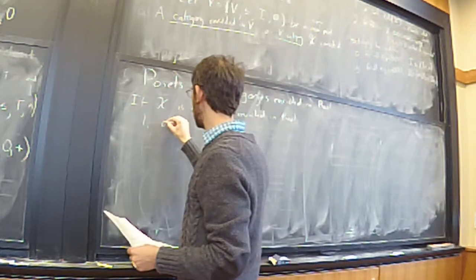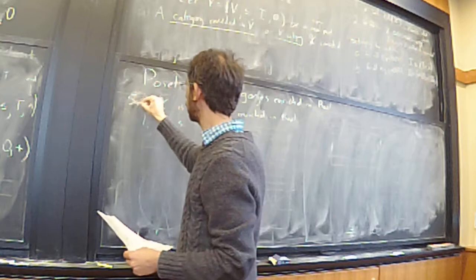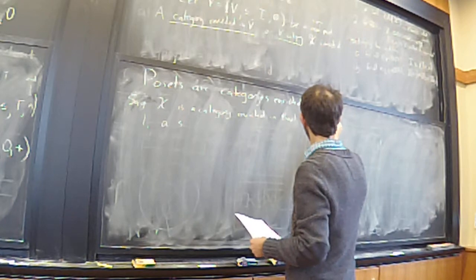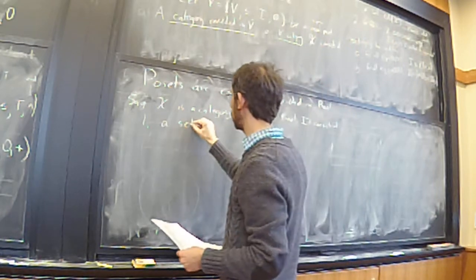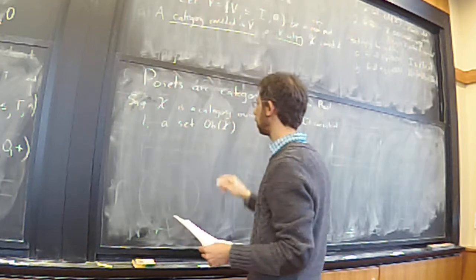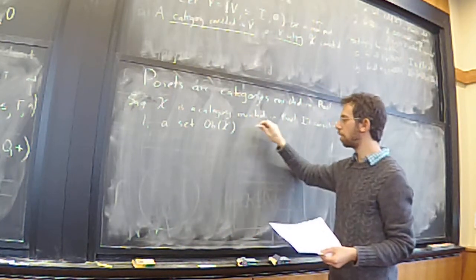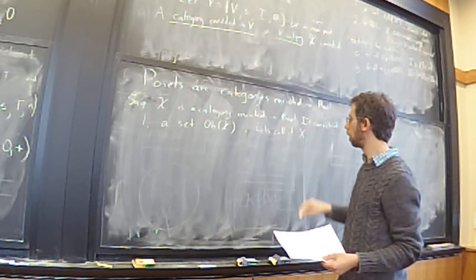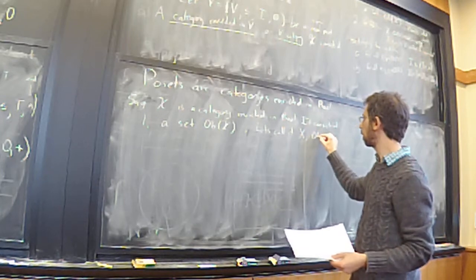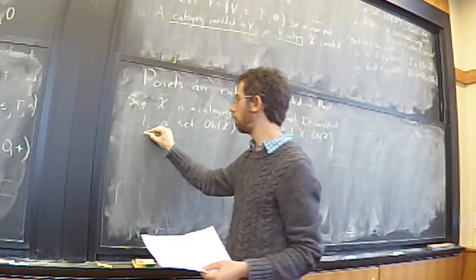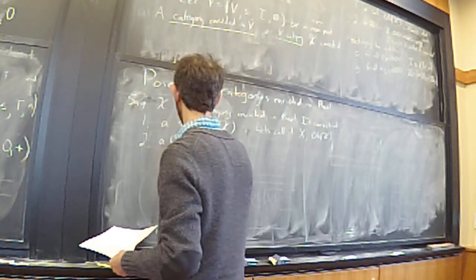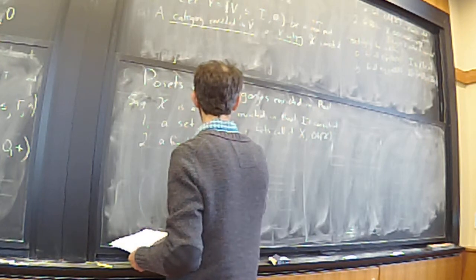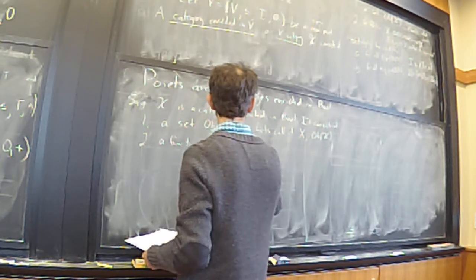It consists of one, a set, call this thing X. And two, a function that takes an x and an x and returns a Boolean, true or false.